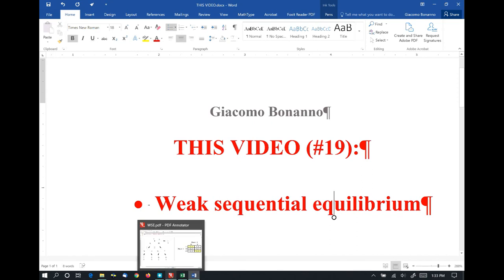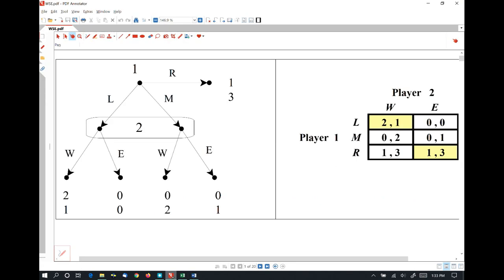So the question I want to ask now is, does the notion of subgame perfect equilibrium always do a good job?